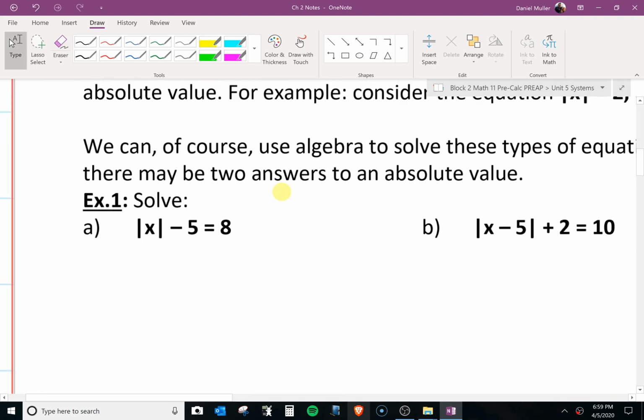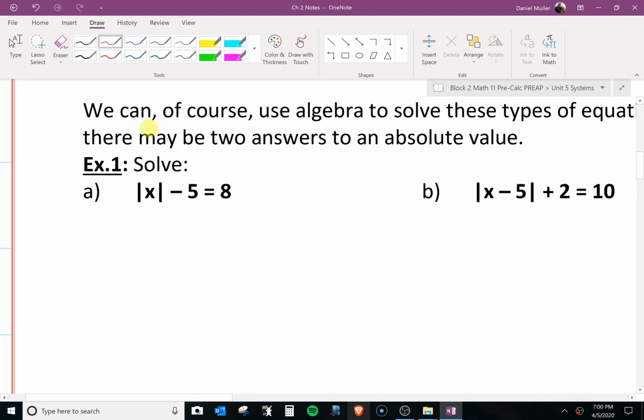So the first thing we need to do when we solve these is get the absolute value alone. That's always our goal, and that's what we want to do first. Get the absolute value alone.